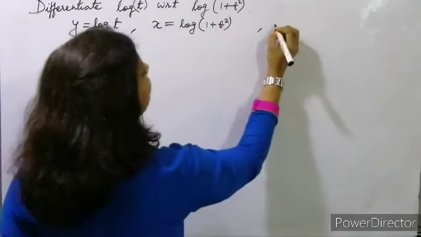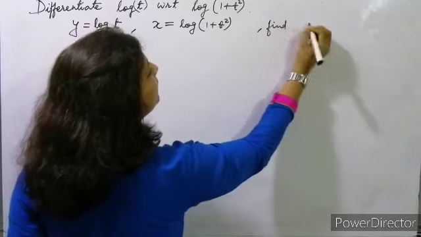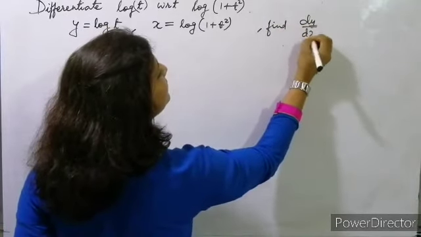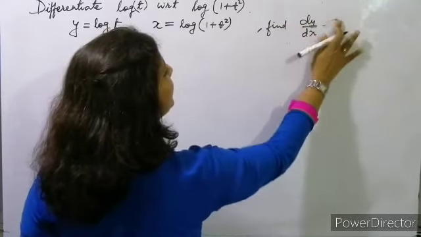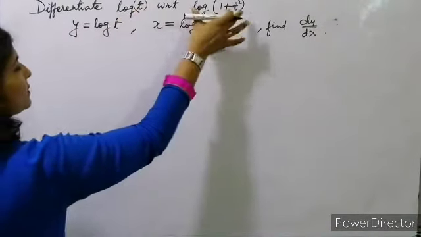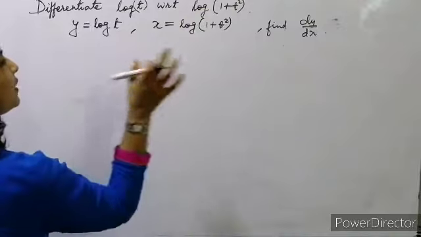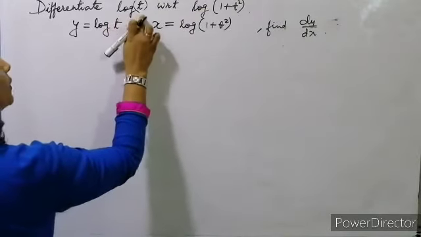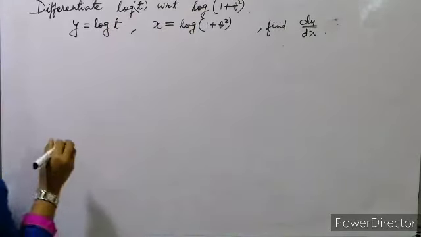We have to find dy by dx, because we have to differentiate this one with respect to this one. So in that case y will be equal to this one and x will be equal to this one.